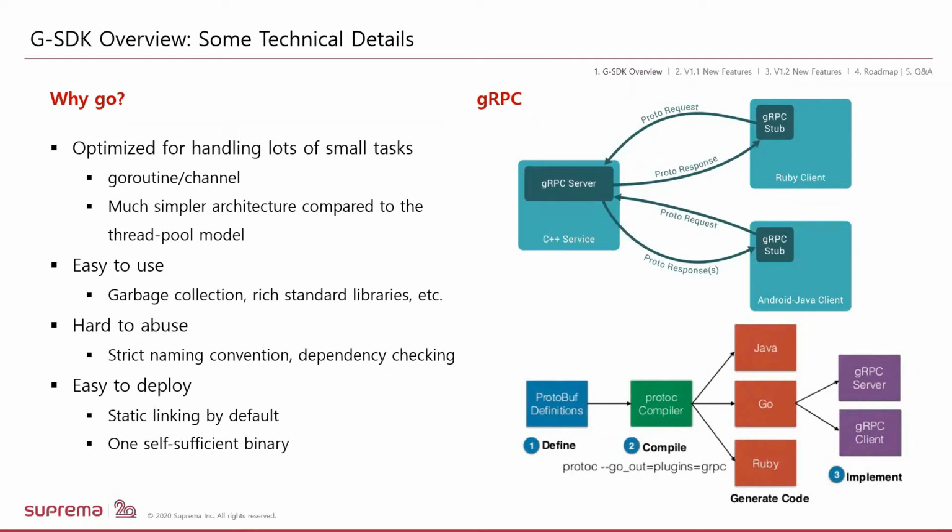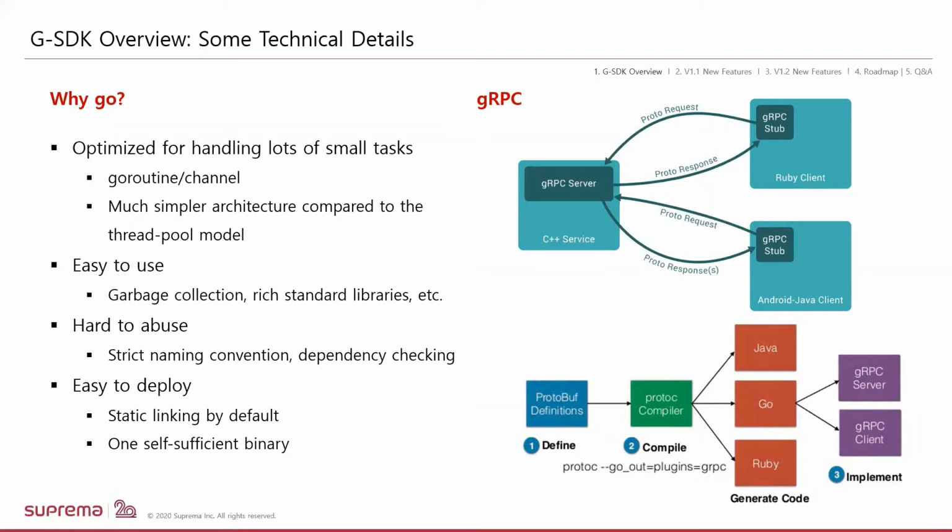There were several reasons we chose Go for the new SDK. In fact, the most difficult part of the current device SDK was to handle lots of devices. To handle hundreds of devices, it is based on a thread pool model.